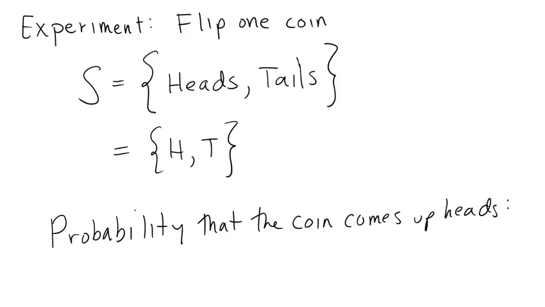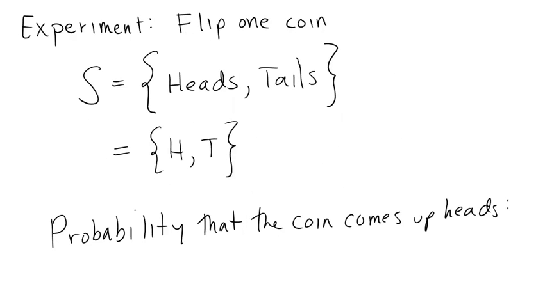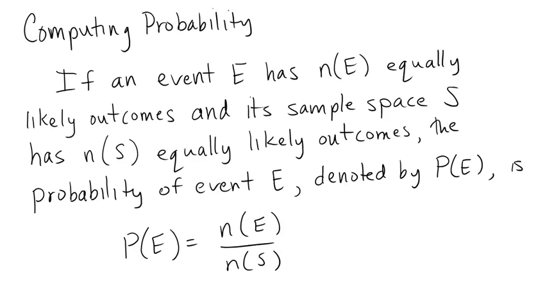Go back to the nerdy rule. The nerdy rule says if the event has n of E equally likely outcomes, then that's the numerator of your probability. So going back to this, how many outcomes in the sample space are heads? Well, just one. There are only two sides and only one side has heads. The denominator of your probability is the total number of elements in the sample space. The sample space S has n of S equally likely outcomes.